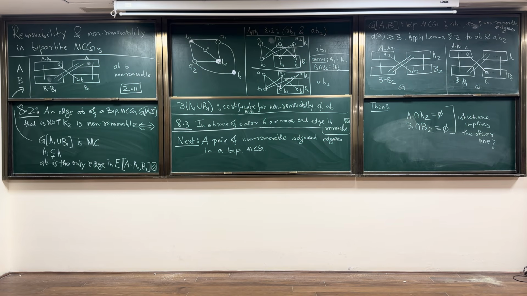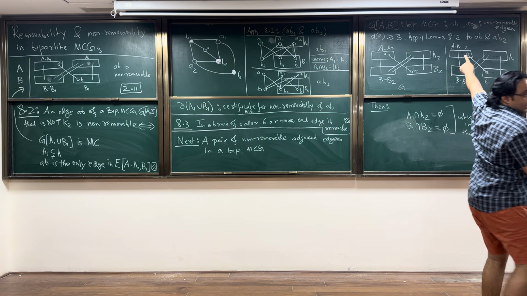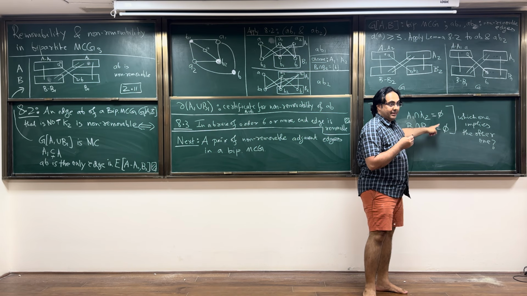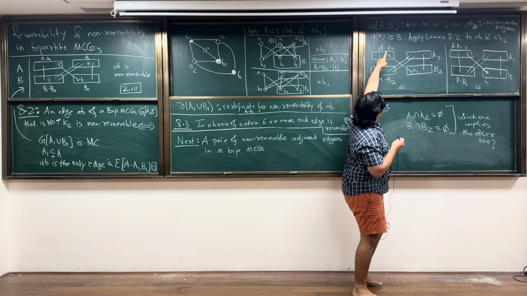Sorry? You do not disprove the existence of such A1, A2, B1, B2 in that example. No, but we haven't applied Lemma 8.2. I mean, basically what I'm saying is, if you apply Lemma 8.2 as it is, you should not be able to prove these statements without the hypothesis that degree is at least 3.